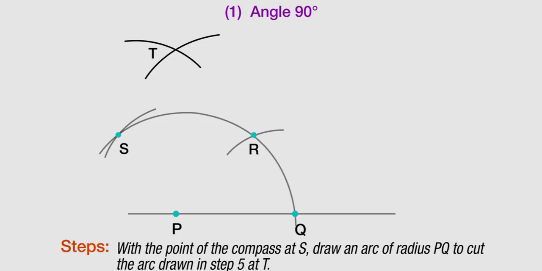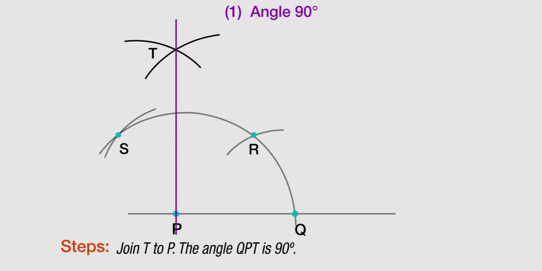With the compass point at S, draw an arc of radius PQ to cut the arc already drawn in step 5 at T. That gives you a point of intersection. Now place your ruler and draw a straight line from P to T. Join T to P, and that angle QPT is 90 degrees, or a right angle. I hope you were able to come along with me.